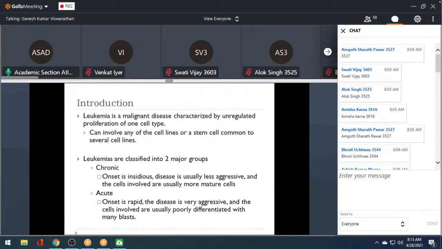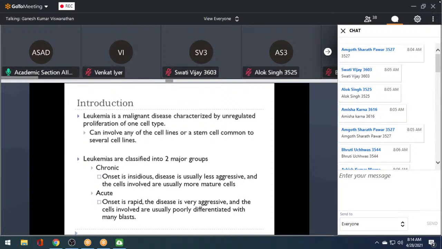The patient presents to you many times even months after the disease has started. In chronic leukemia, the survival is usually longer because the disease is less aggressive, whereas in acute leukemia, the disease is very aggressive, and if not treated, the patient usually succumbs within days to weeks.